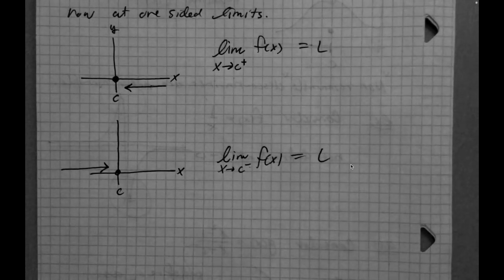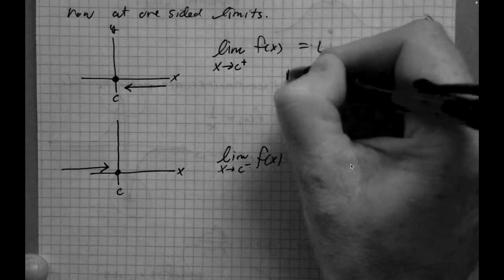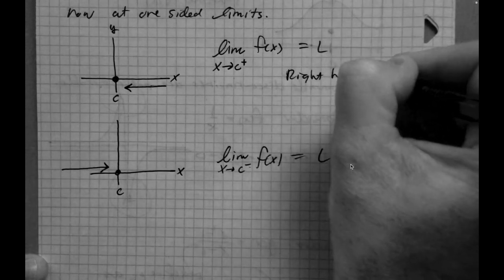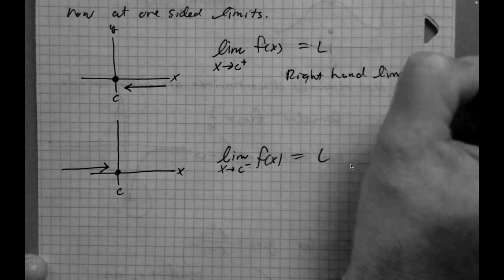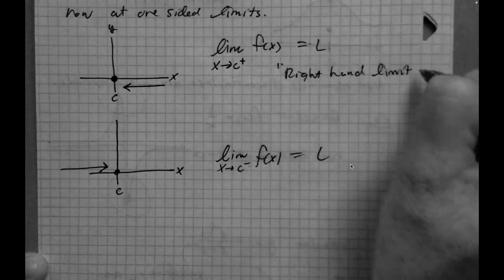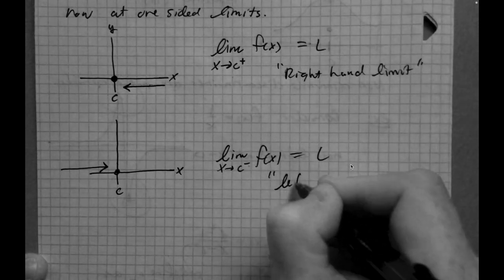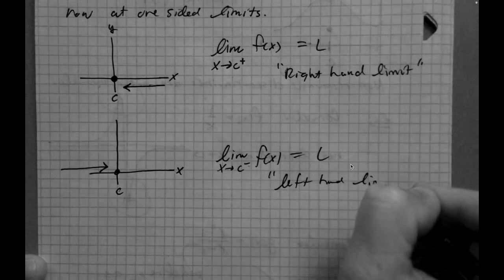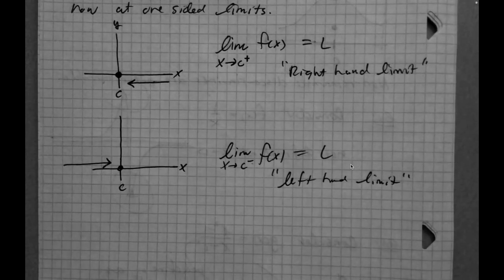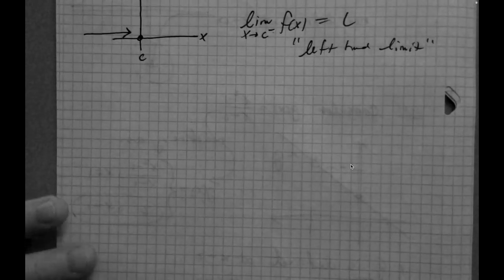So this is the right-hand limit, and this other one is the left-hand limit. Those two are intuitive, right? One's coming from the right-hand side, the other one's coming from the left-hand side. Okay, let's see an example of something we can talk about once we have this idea.